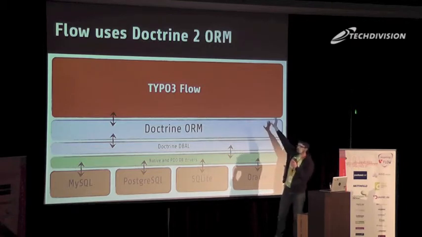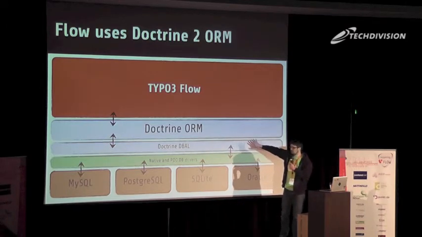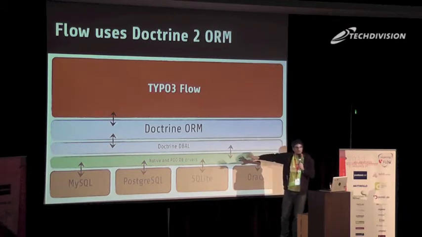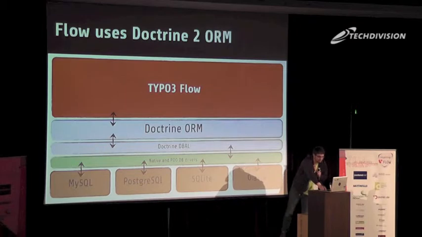So what we have is Flow on top of all that. Then we have the Doctrine ORM, which uses the Doctrine database abstraction, which in turn can use native drivers or the PDO driver in PHP, and then it talks to a bunch of databases. That's probably not a big surprise.